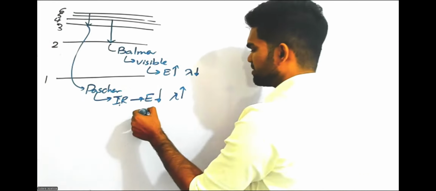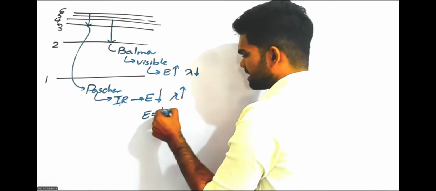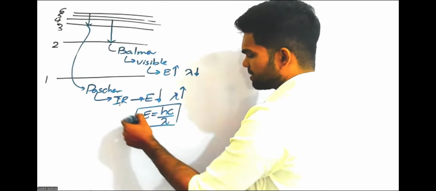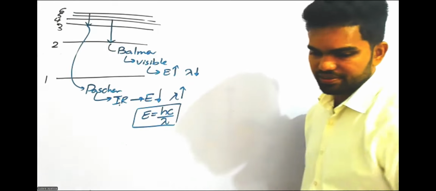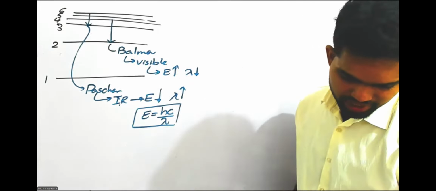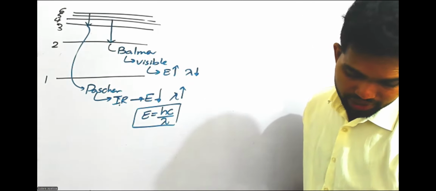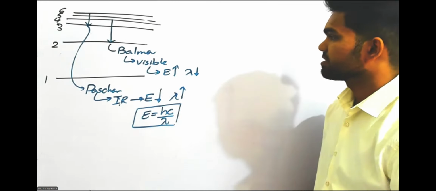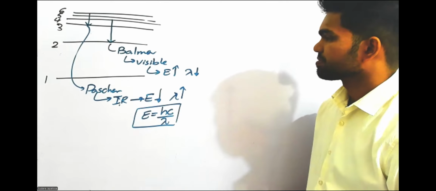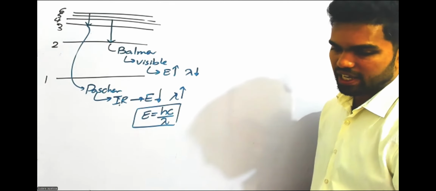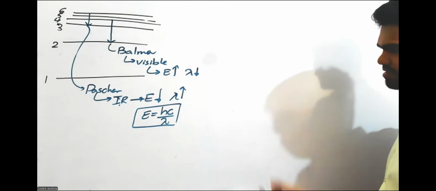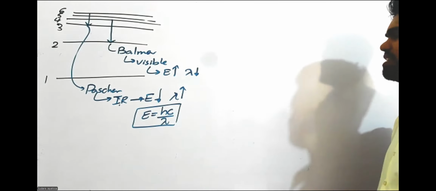Remember the relationship between energy and wavelength: E equals hc over lambda. From the Planck equation, you can see how energy and wavelength are related. So look at the statement: the wavelength of electromagnetic radiation relevant to the 6 to 3 transition is greater. Yes, that is greater. The statement is true. It has low energy, and therefore the wavelength is higher.